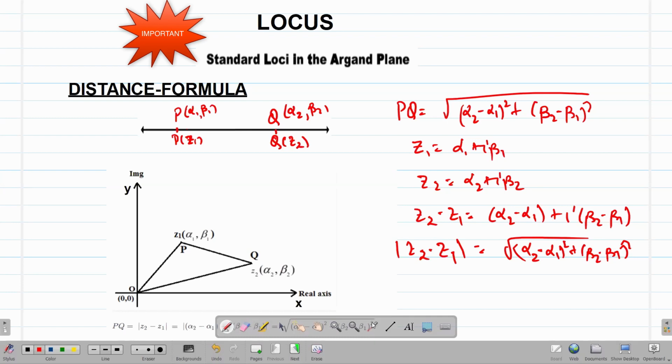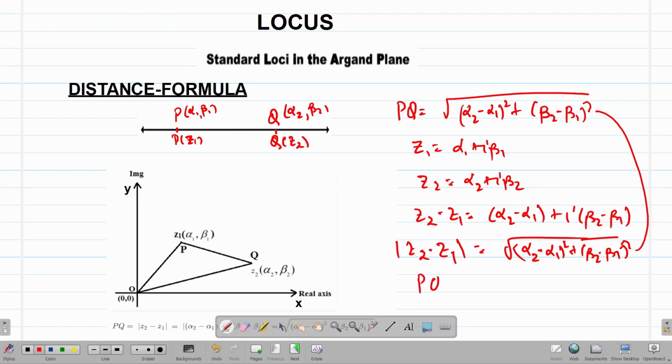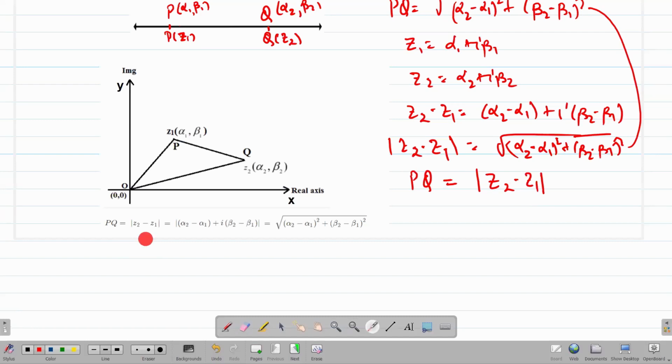So we conclude that these two expressions are the same. The distance PQ in terms of complex numbers can be expressed as mod of Z2 minus Z1.